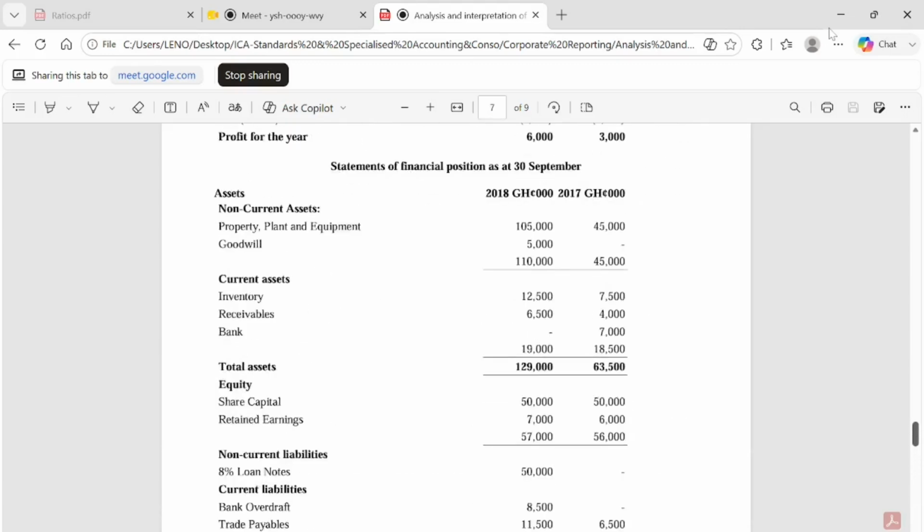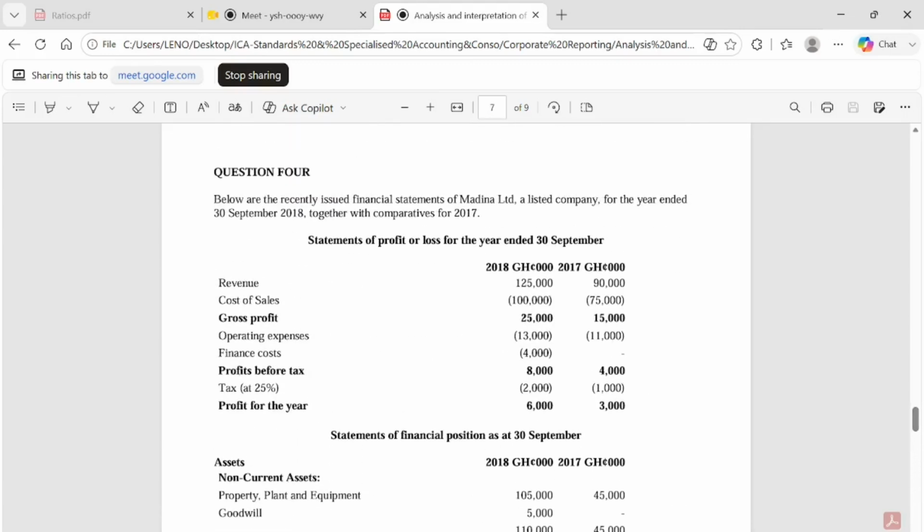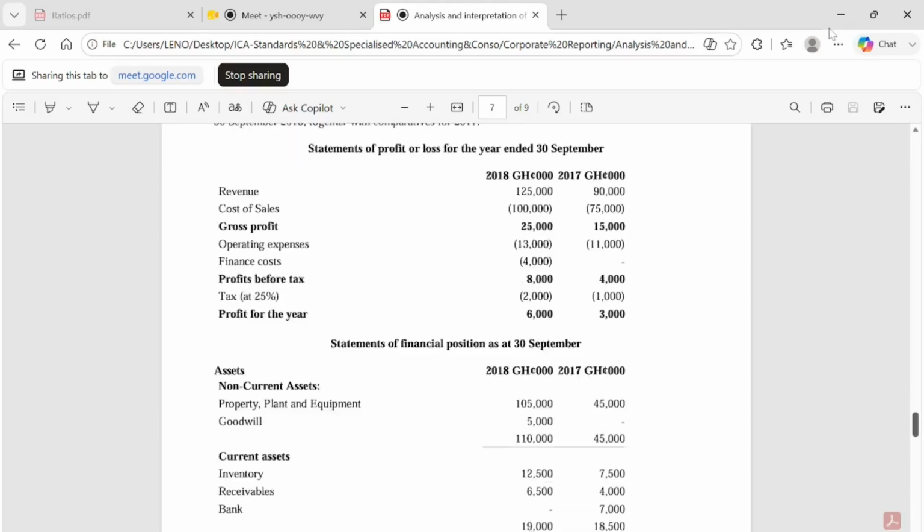So the 2018 P&L includes the subsidiary finances. If you are calculating, you calculate including the subsidiary. But 2017 was not consolidated. 2018 is a consolidated account.